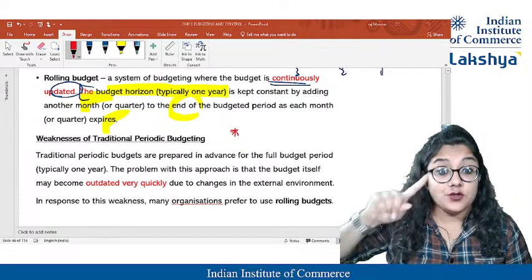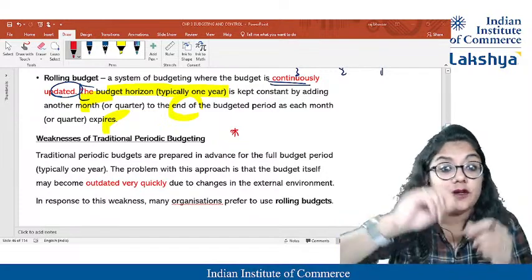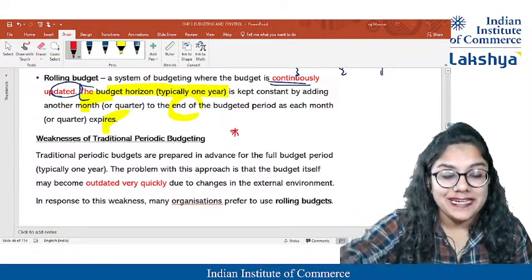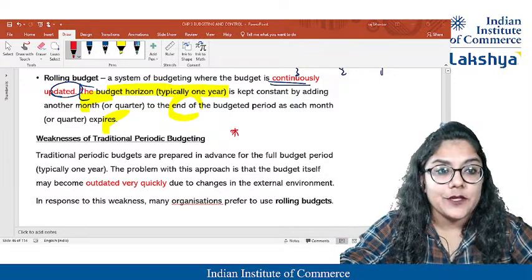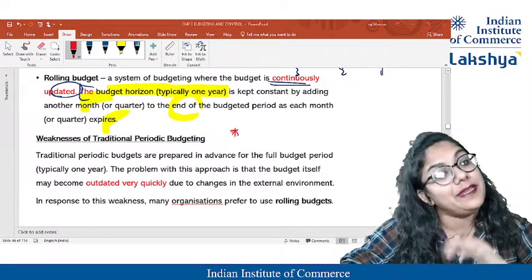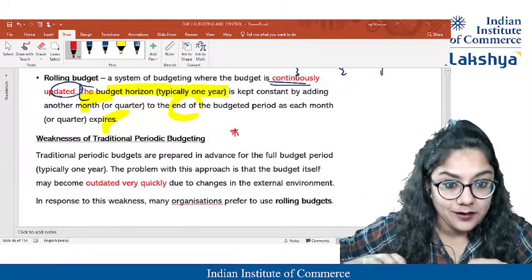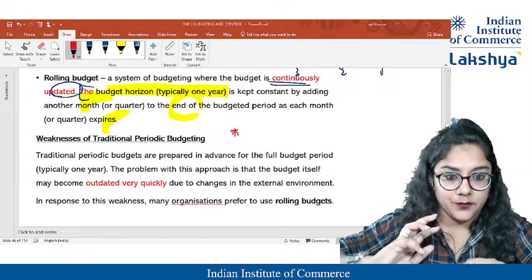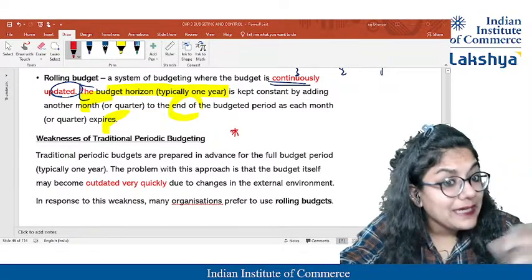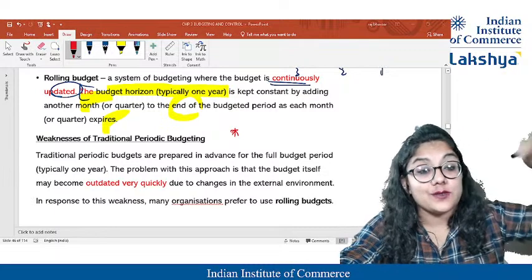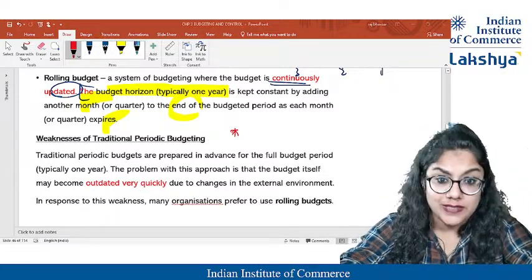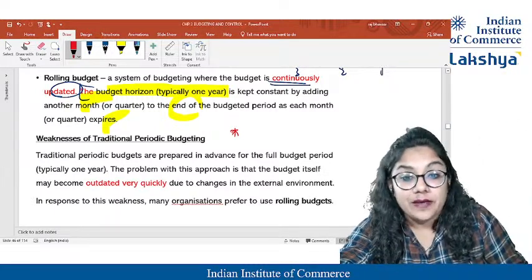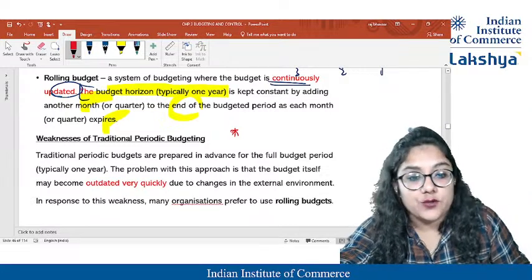So it's a waste; you should not do it that way. It's important to analyze and compare. If on day one I made it for the year and compare at the end, that year is gone, it's a waste for that year, because I didn't take any corrective actions. I'll take the corrective actions for next year. But for this year it's a waste, right? So to make it constant, we use rolling budget.